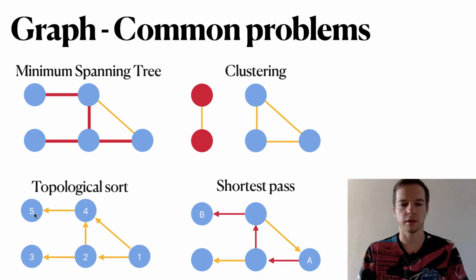Topological sort is another famous problem. For example, you have some course, a React course, and you want to learn some prerequisites for it. The prerequisites can be learning web basics, learning JavaScript, learning algorithms, and you want to check in which order you need to pass those prerequisites.